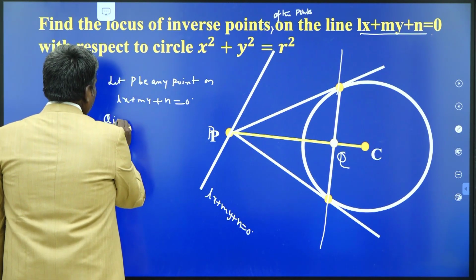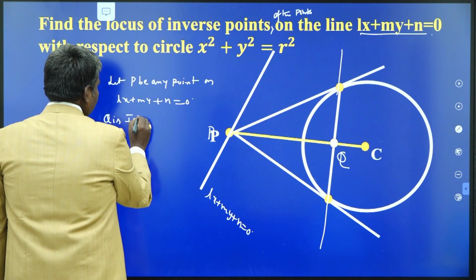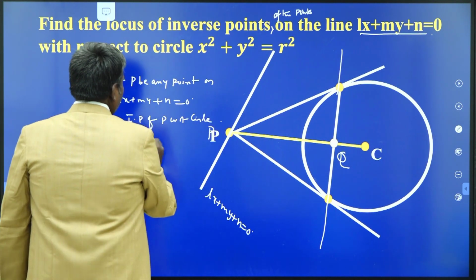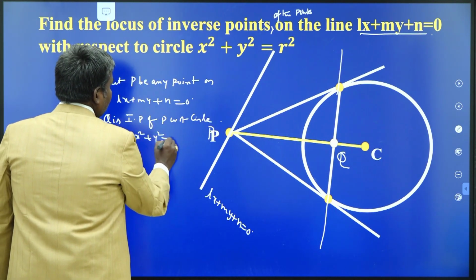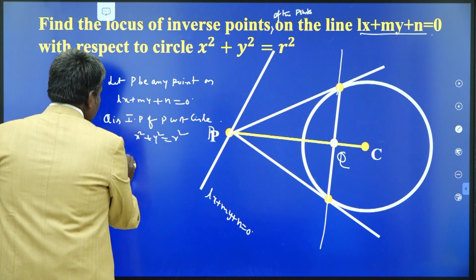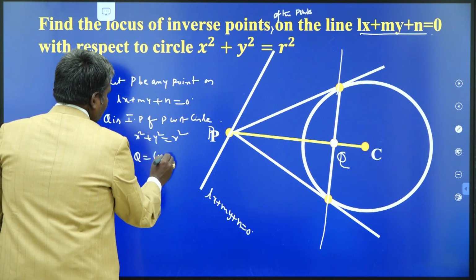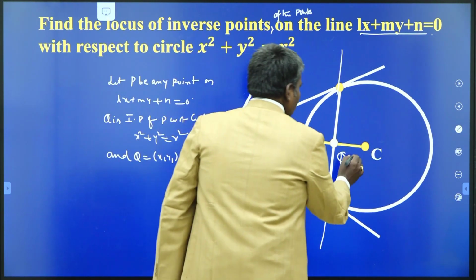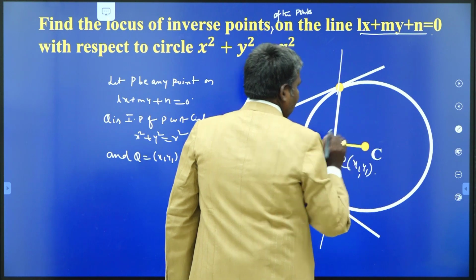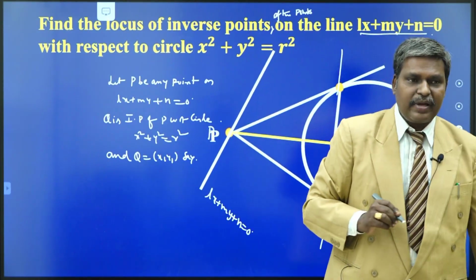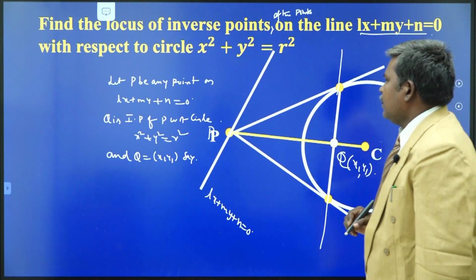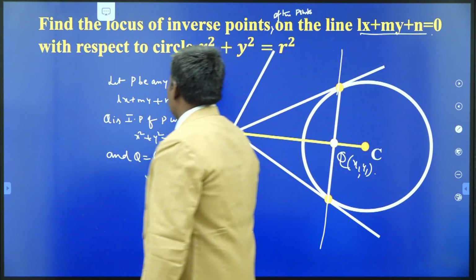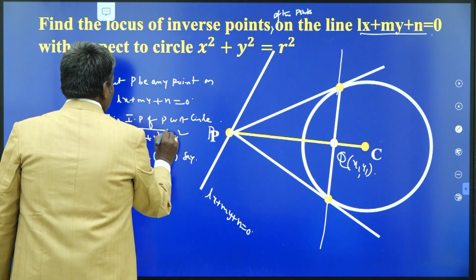Q is the inverse point of P with respect to the circle x square plus y square is equal to r square, and Q is equal to x1 comma y1, say. This is my point which is on the locus, x1 comma y1. We are going to find out the locus of x1 comma y1. Here P is any point, Q is the inverse point with respect to the circle.